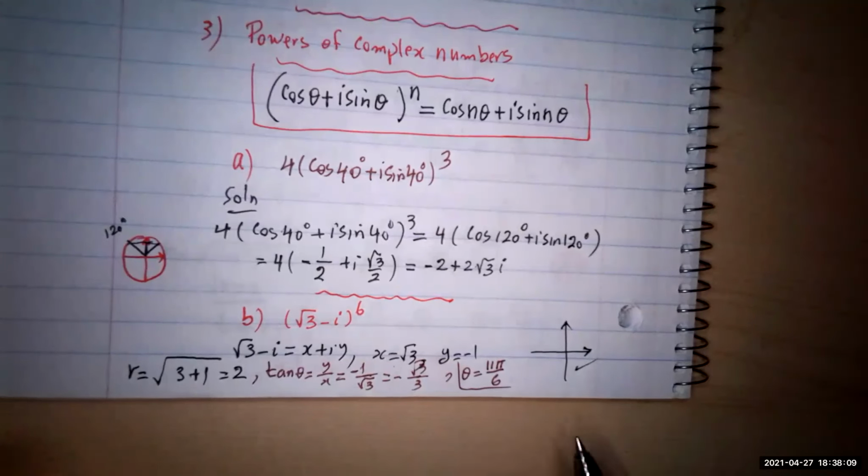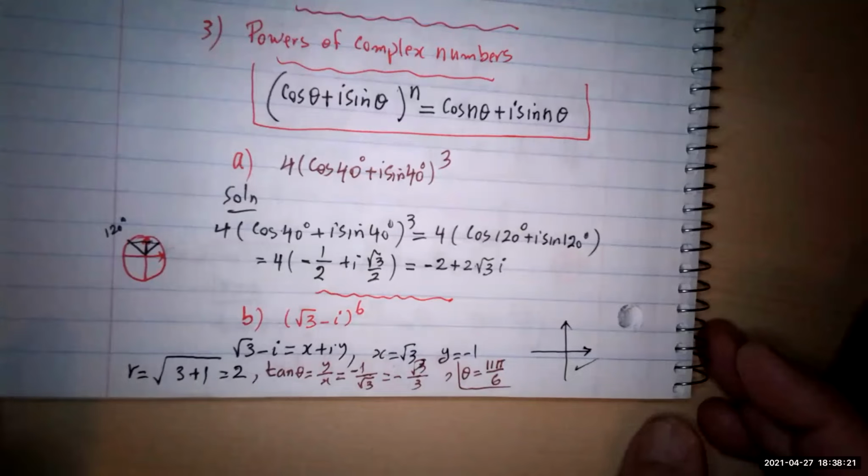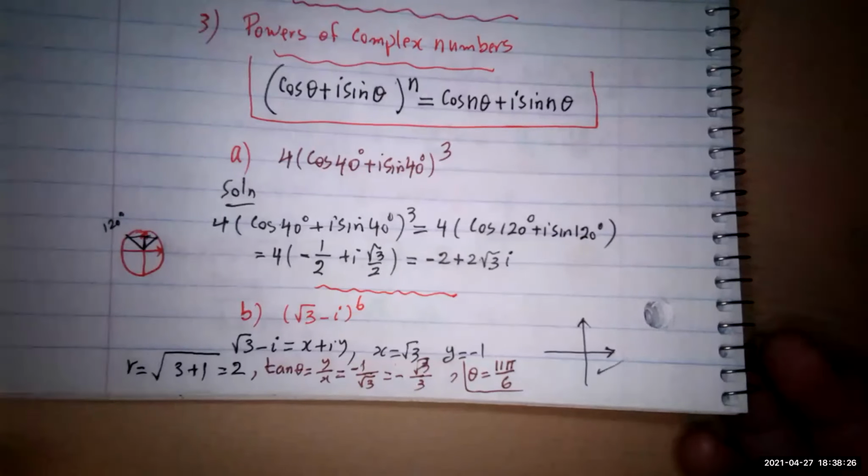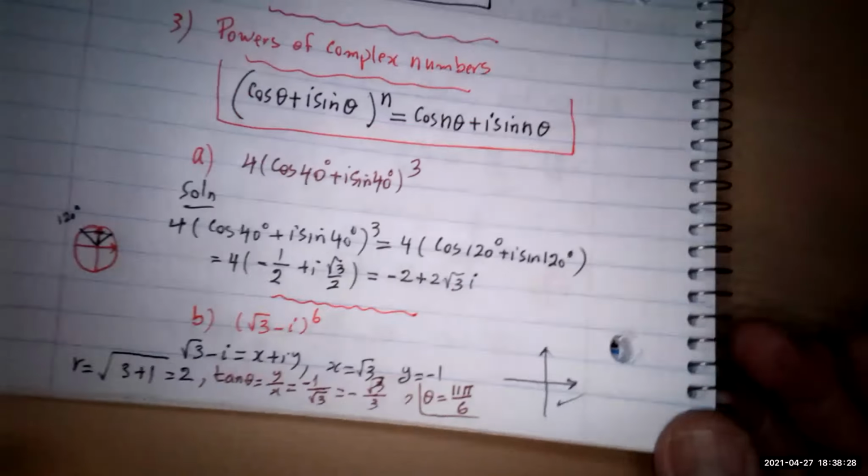Now we go back, we are not done. So what we did is now we can write radical 3 minus i as 2 cis of 11 pi over 6, then raise it to the 6. Okay, are you done with this page? I have to go to the next one to get this one done. Again, it's very important to just pick the correct data.